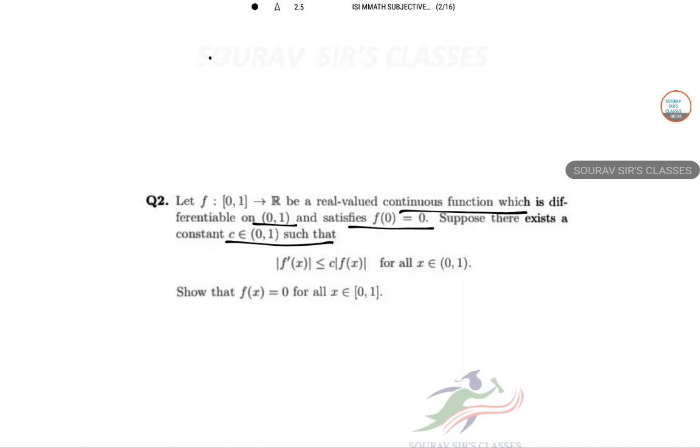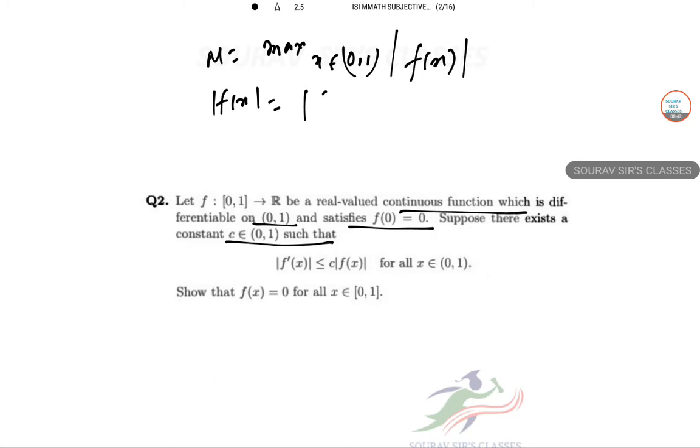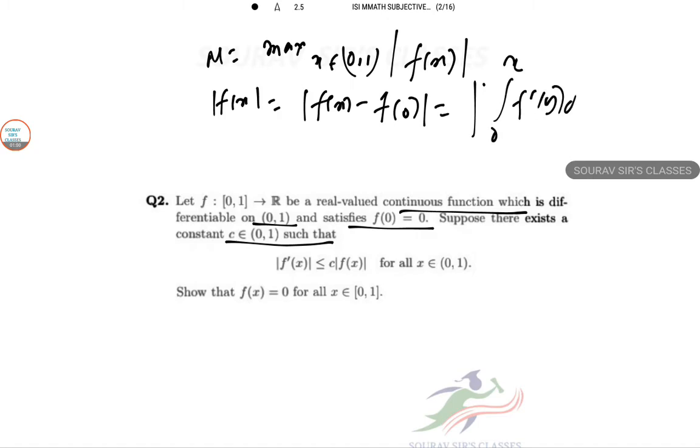Okay, so if we denote M equal to the maximum over x in [0, 1] of mod f(x), then for any x within this interval, mod of f(x) minus f(0) is equal to the integral from 0 to x of f'(y) dy. Now that is also, according to the structure, less than or equal to c x M, less than or equal to c M.